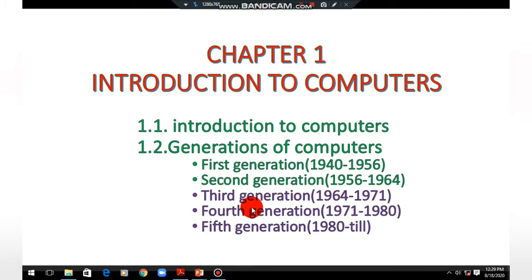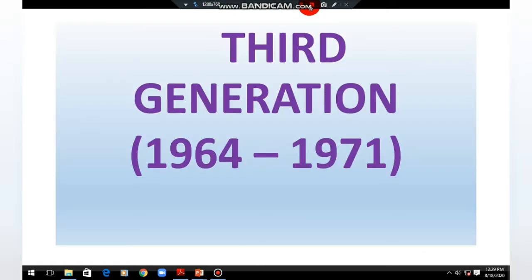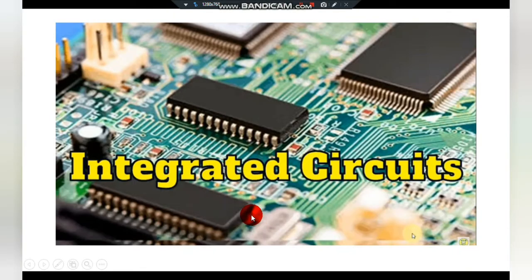Now we are going to discuss the third generation, fourth generation and fifth generation computers. In the third generation, what is the period? 1964 to 1971. Now we see the circuit used in this generation: integrated circuit.